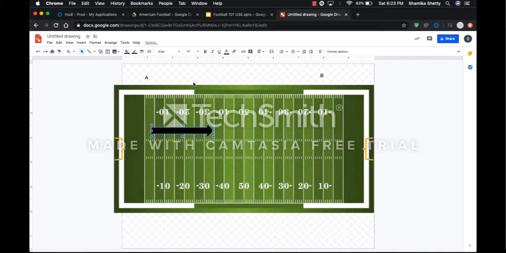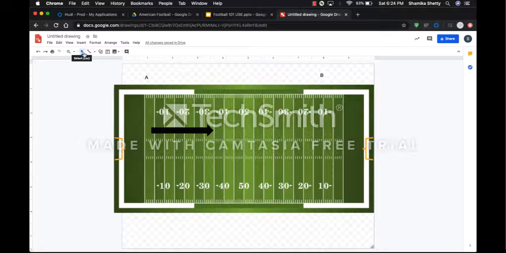So when we are looking at the image in this position, this is the left hash, this is the right hash, this is the middle.